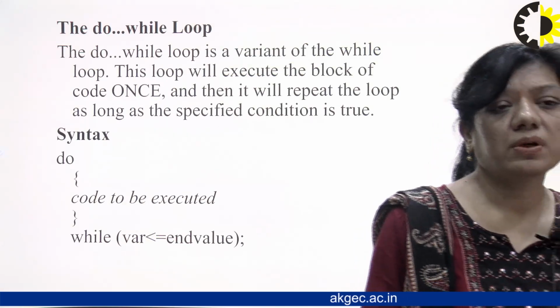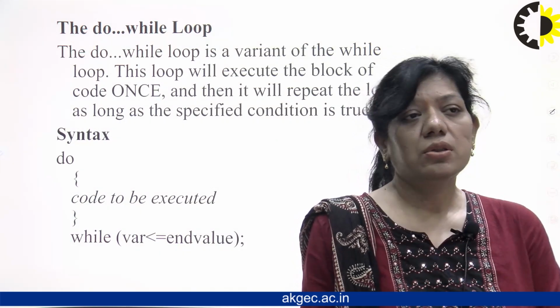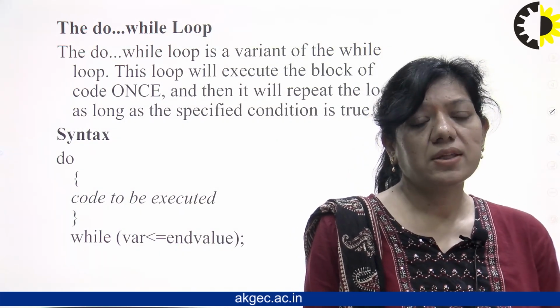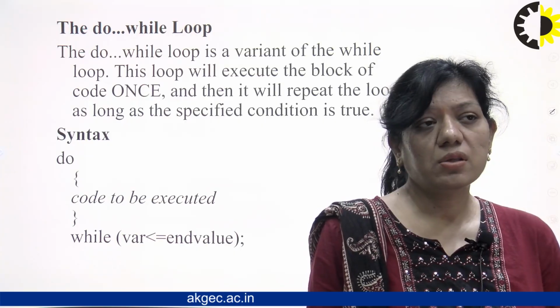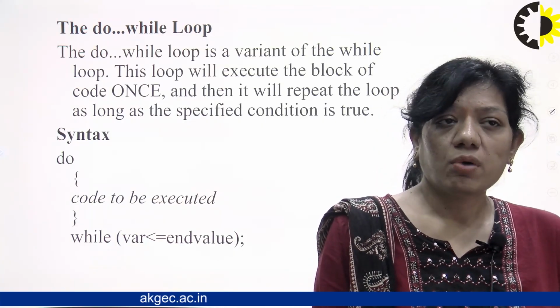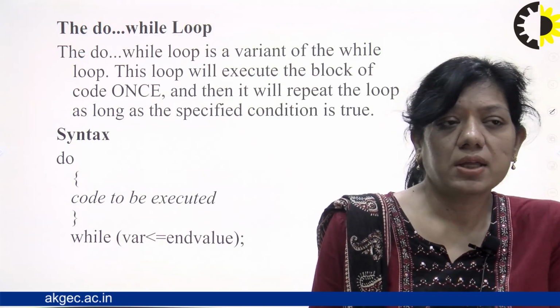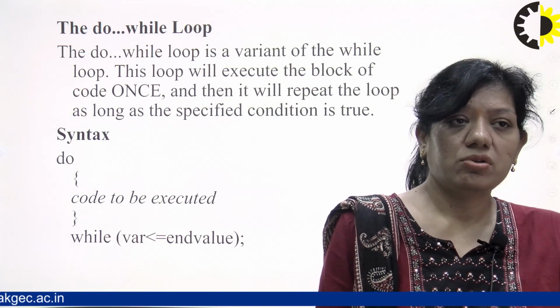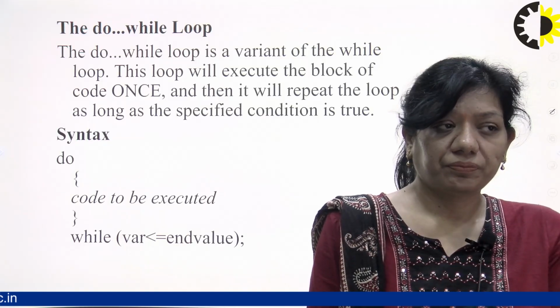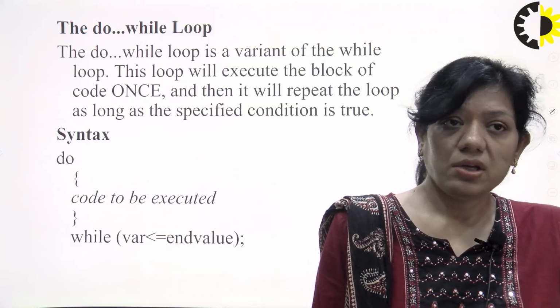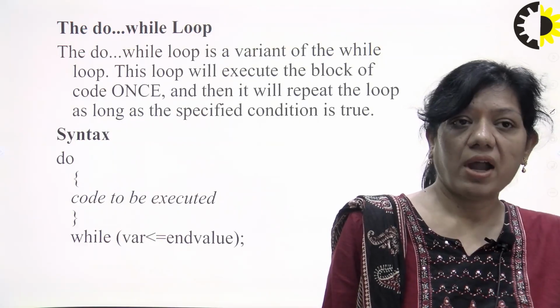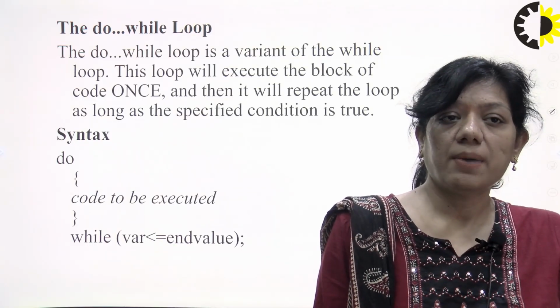The next loop is the do while loop. We can say the do while loop is a variant of the while loop. This loop will execute the block of code once, and then it will repeat the loop as long as the specified condition is true. In short, while loop evaluates the condition in the beginning.